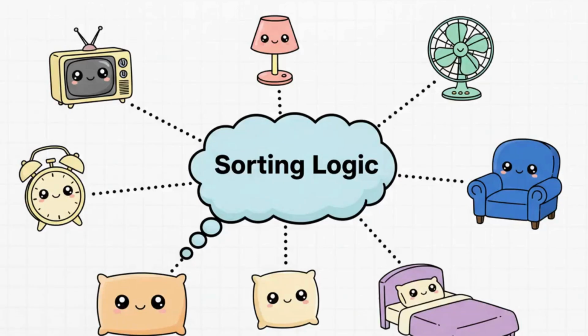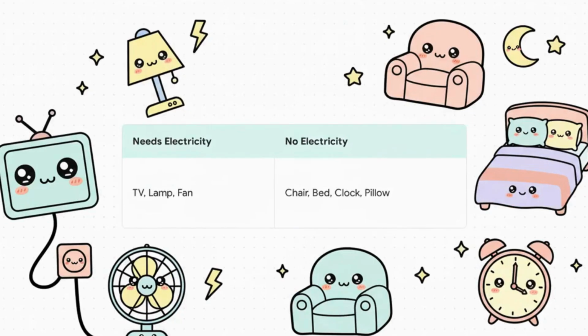And this idea, this logic of sorting, it isn't just for kids' games. It applies to, well, pretty much everything. Let's try it with some stuff you've probably got lying around your house. Okay, so let's ask our first question. Does it need electricity? Based on that one rule, the TV, lamp, and fan all huddle together in one group. Everything else forms another.